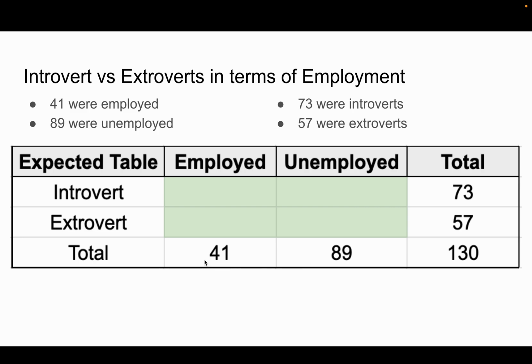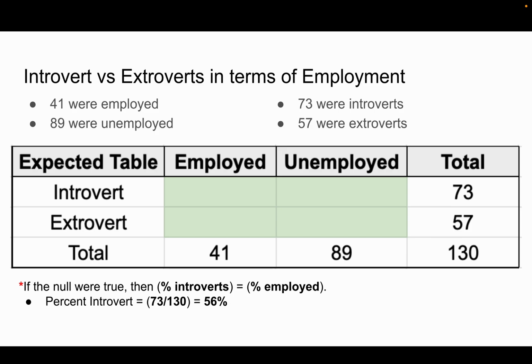And so if the null were true, then the percent of introverts in our sample are going to equal the percent employed. That would assume that our null hypothesis is true, that there is no difference between employment in terms of being introverted or extroverted. And so if the null were true, we're going to figure out what percent of our sample are introverts.